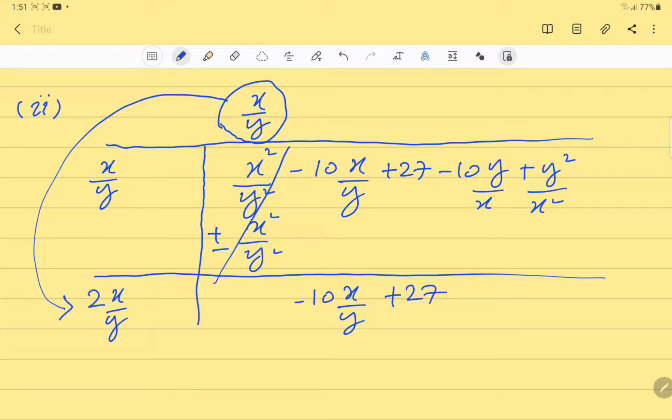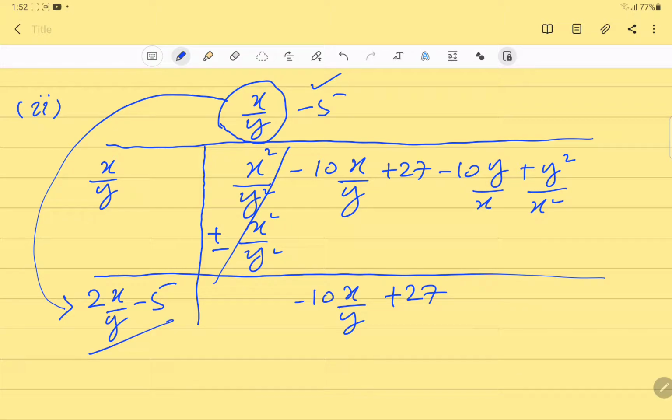Now we have to multiply 2 into x over y with such a number which will give us minus 10x over y or some term near to it. So let's see, if we multiply it with minus 5, we get minus 10x over y, and whatever we have written here in the quotient we have to write down the same here as well. Now we multiply minus 5 with these two.